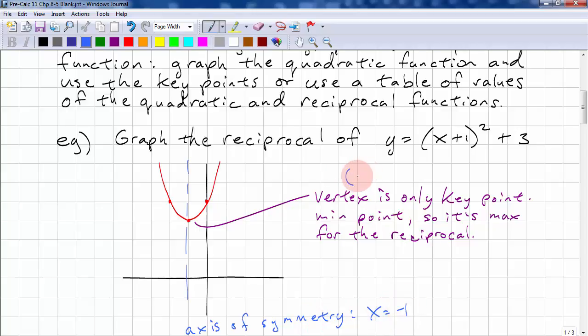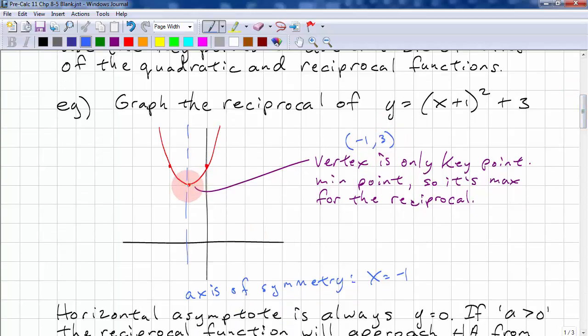And our vertex here is negative 1, 3. Because our value is 3 here, our reciprocal is 1/3. We don't have much to go on, but we know this is going to positive infinity, so it'll go 1 over positive infinity, which means we are approaching our horizontal asymptote from the positive side or above.